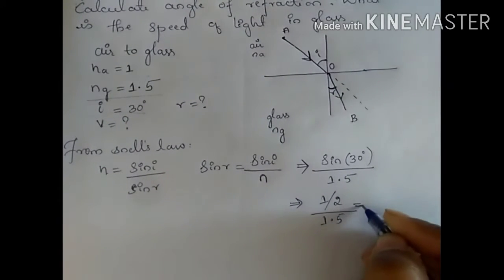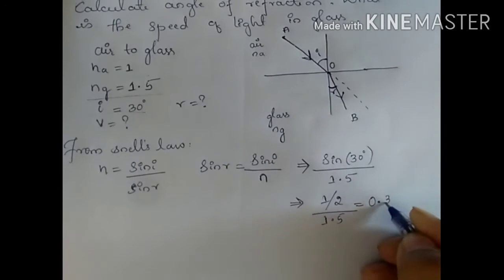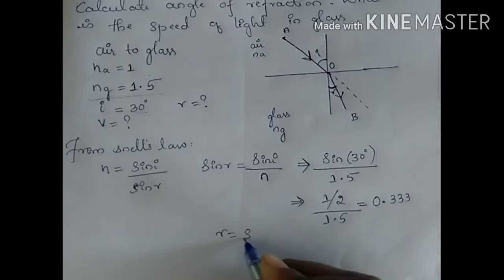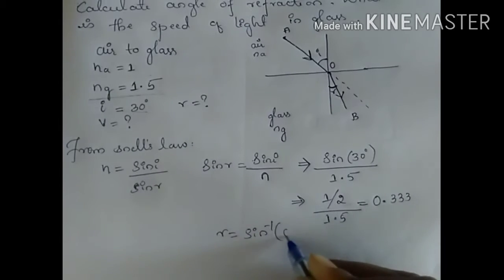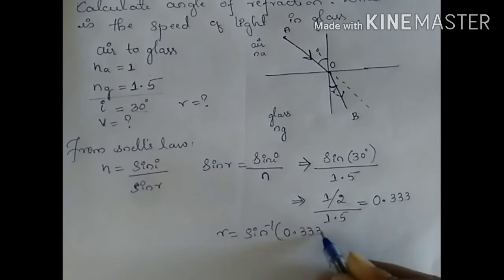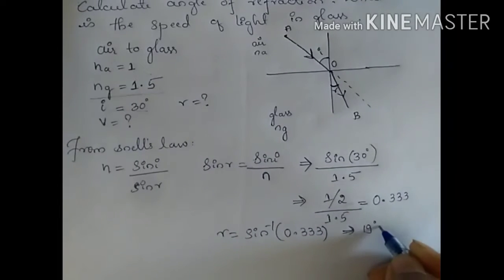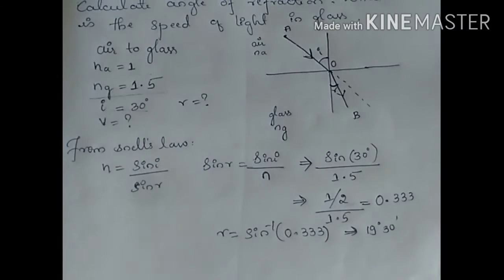If you do this, you get the value 0.333. So for R, sin inverse of 0.333 is 19 degrees. So from Snell's law you got the angle of refraction.